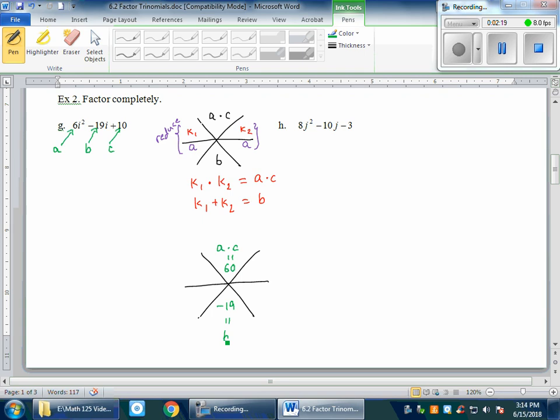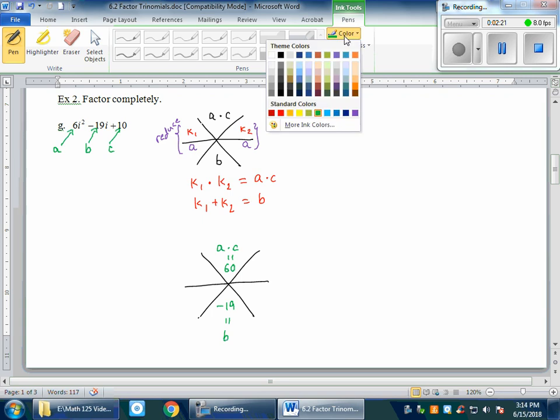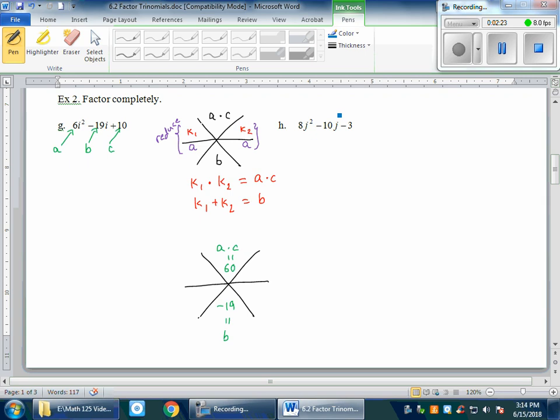Now what we want to do is find two numbers that multiply to get 60, and when you add them, not subtract, that will become 19. So you can list it out: 1 times 60, 2 times 30, like in the previous example that I showed you.